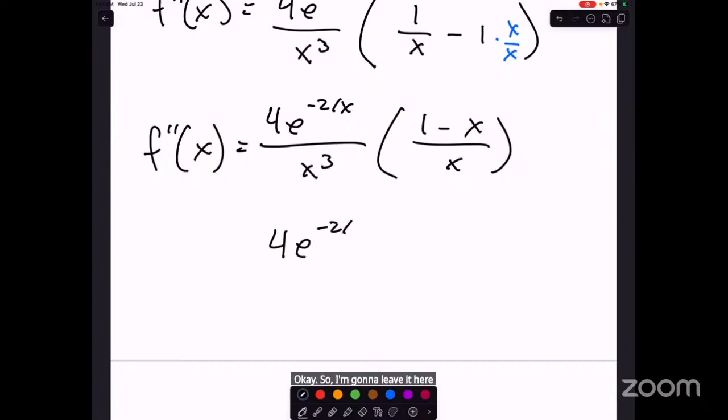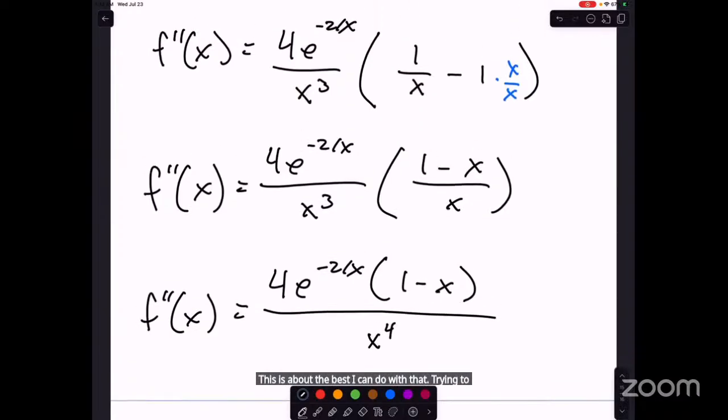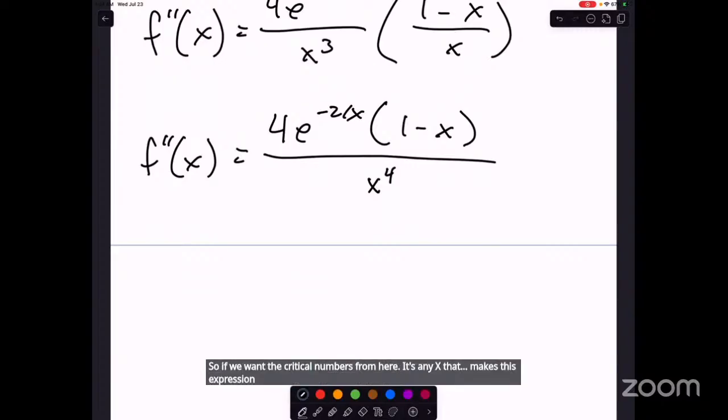4e to the minus 2 over x, 1 minus x over x to the power of 4. This is about the best I can do trying to simplify that down. So if we want the critical numbers from here, it is any x that makes this expression either 0 or undefined, right?